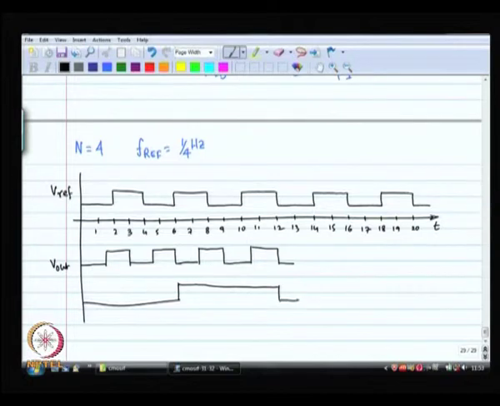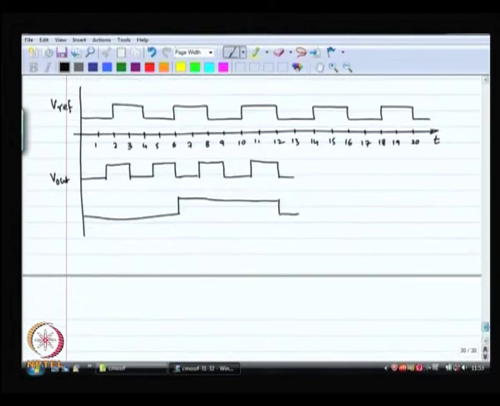All right. Now, what does this mean as far as the phase detector is concerned? It is not really V out by n, it is V out, the division is in the frequency domain.